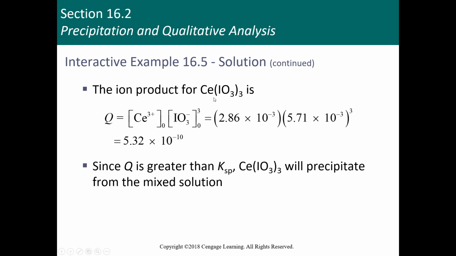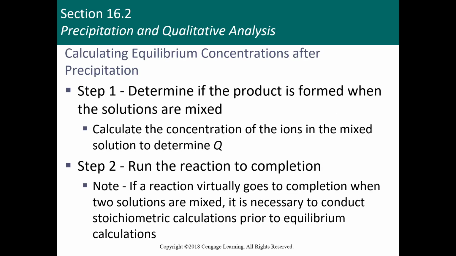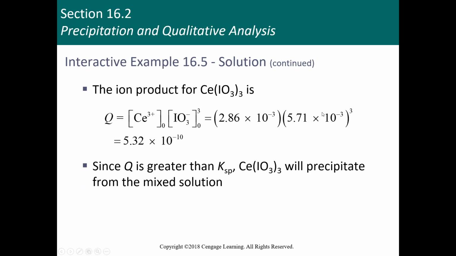This is a 1. See, there's nothing there. That's 1. This right here is a 3, so that's the power of 3. All right, so we plug in these concentrations that we figured up here in the previous slide. And we go ahead and solve the math, and we get this Q value right here.